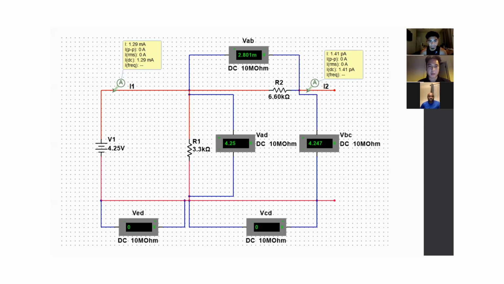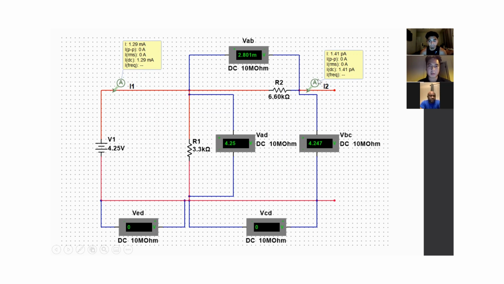The lab wanted us to measure from various points. Voltmeter VAD is getting 4.25 volts, and that makes a lot of sense because that's a closed circuit. If we were to apply KVL, then we must have all of the voltage drop across those resistors.